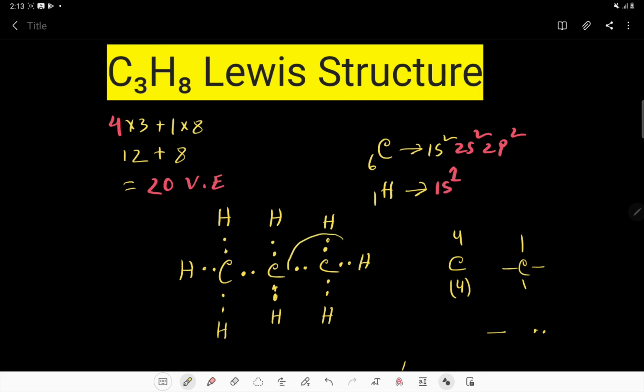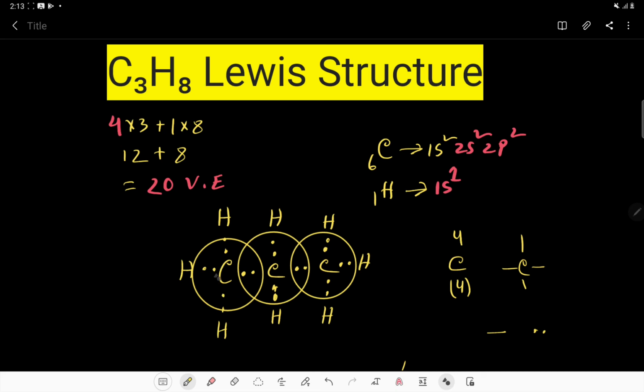Look, this carbon has 8 valence electrons, so it has fulfilled its octet. This carbon also has 8 valence electrons, so it has also fulfilled its octet. And this carbon also has 8 valence electrons, right?